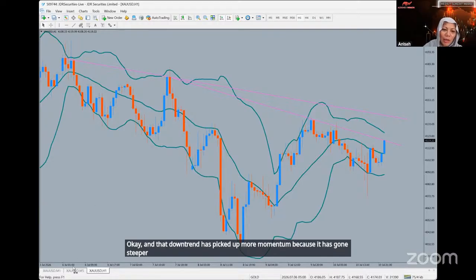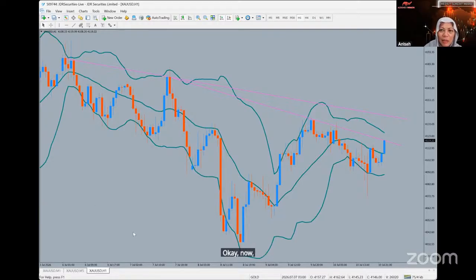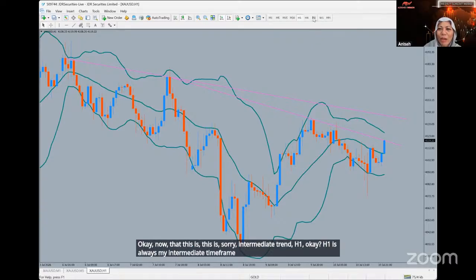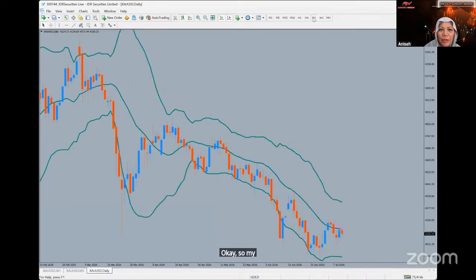Sorry, this is the intermediate trend, H1. H1 is always my intermediate time frame, and my major time frame is daily. So daily is a super good downtrend, and the price obviously remains in the bearish area of the Bollinger Band.